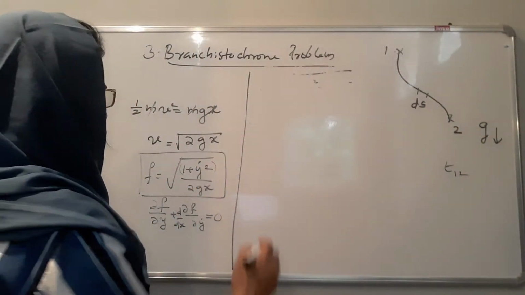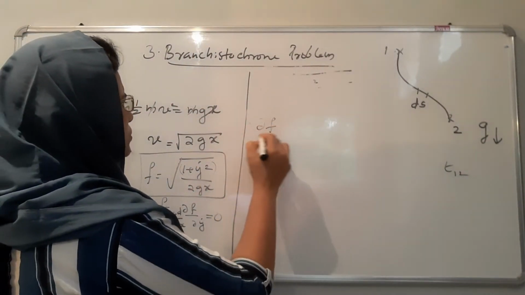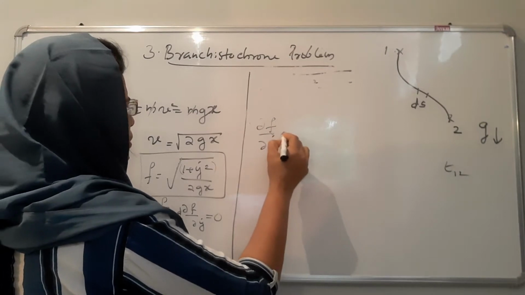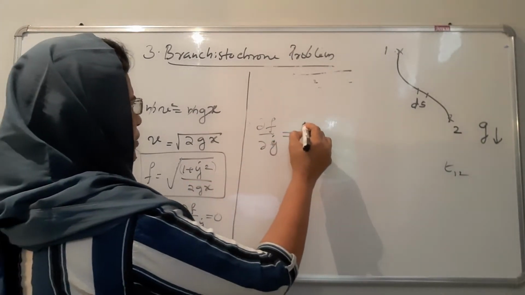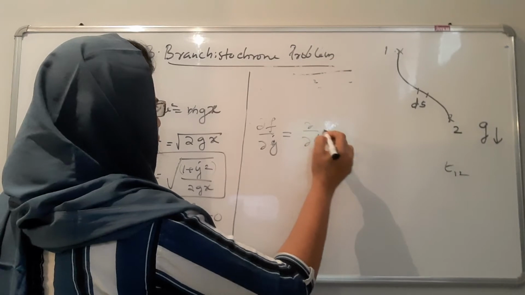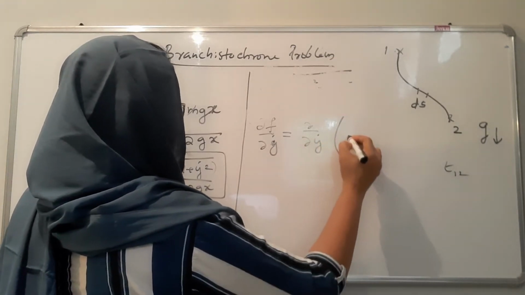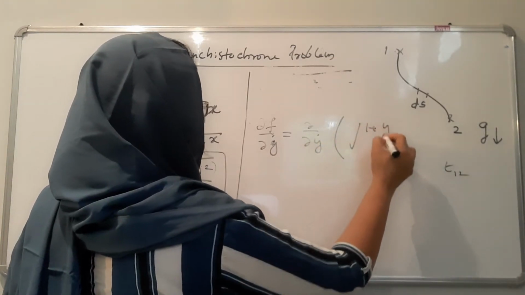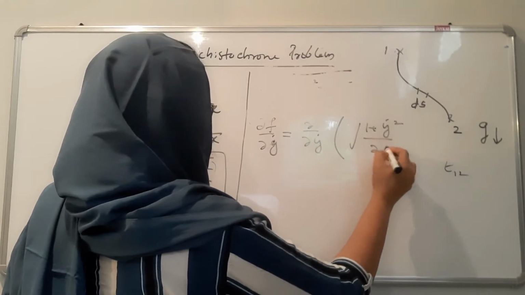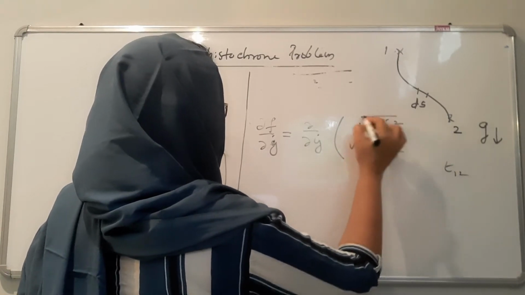So, dou f by dou y dot is equal to dou by dou y dot of square root of 1 plus y dot square divided by 2gx.